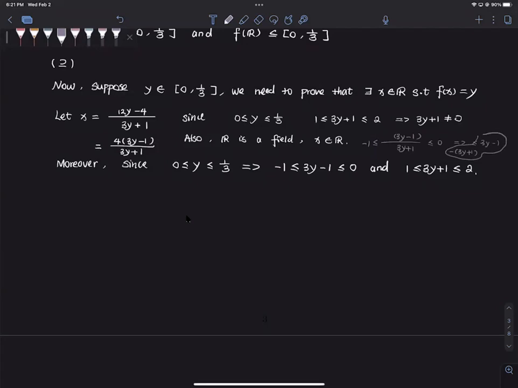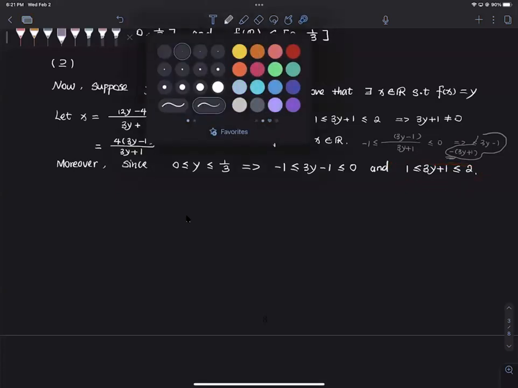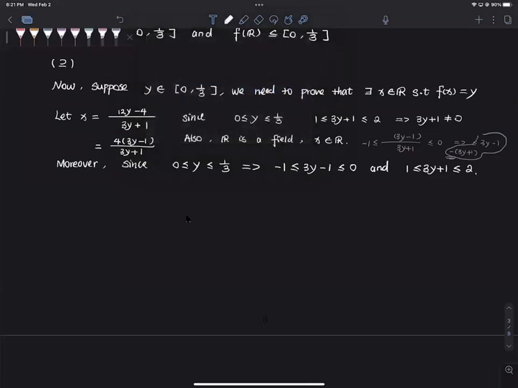Okay? Do you guys get it? That's what I want to show. Which means I actually need negative of this. So I'm going to multiply by -1 on all 3 sides for this one. So that means -1 is greater than or equal to negative of 3y plus 1, which is greater than or equal to -2.